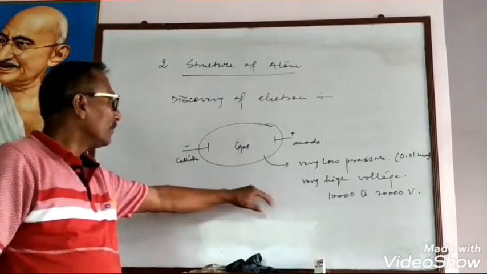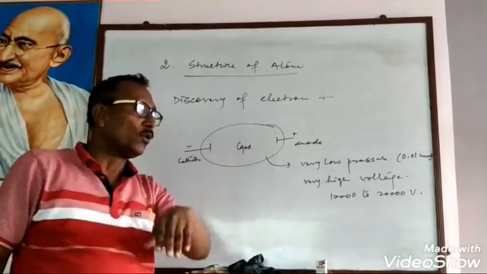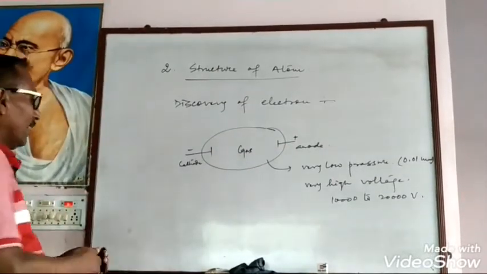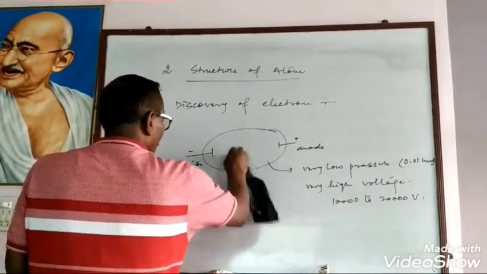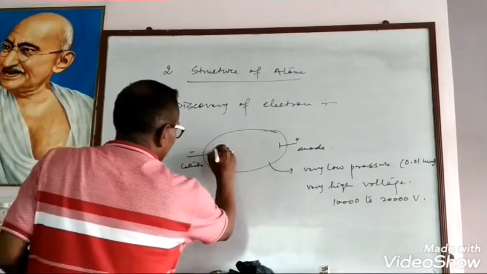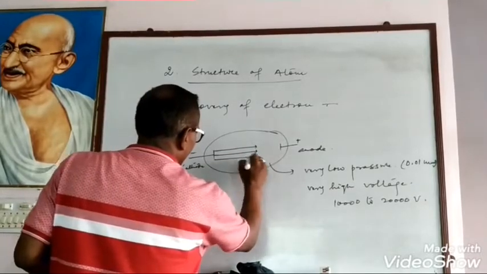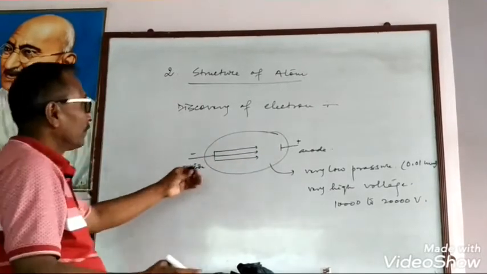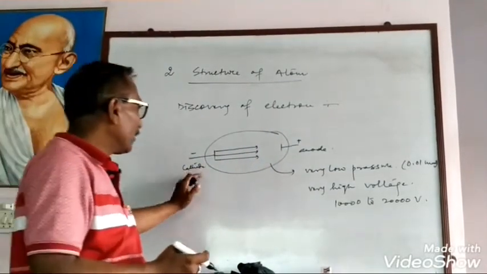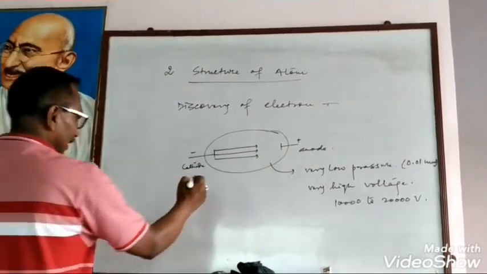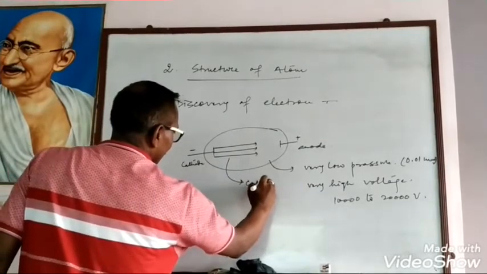At this condition, the electricity begins to flow through this gas, and it becomes conducting, and we just get the invisible rays. They are coming out of cathode towards anode. They are moving from cathode to anode, and finally they were named cathode rays.